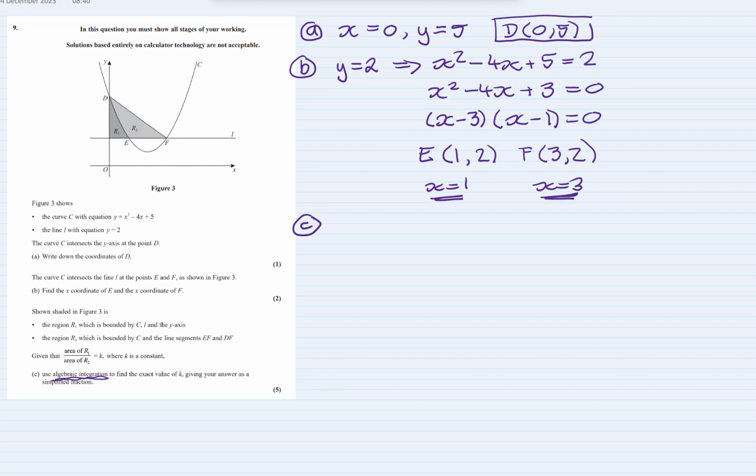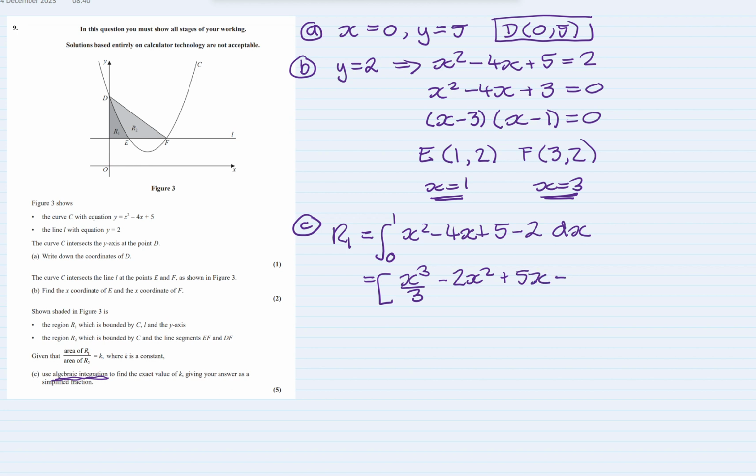So let's look. R1 is going to be the area under the curve here. So we know that R1 is the integral between 0 and 1 of my curve, which is x squared minus 4x plus 5 minus 2, and I'm integrating that with respect to x. So we get x cubed over 3 minus 2x squared plus 5x minus 2x.